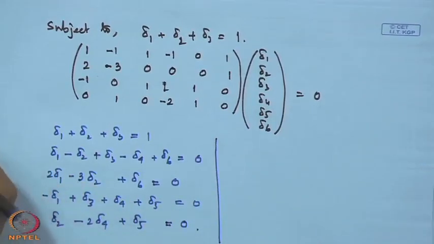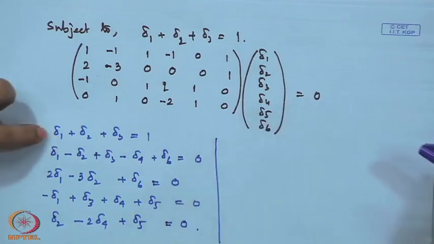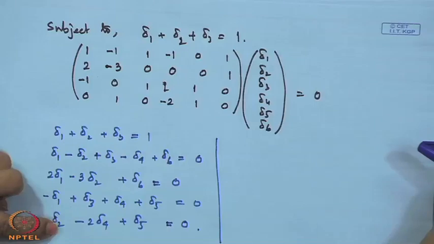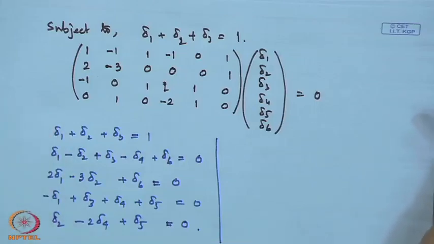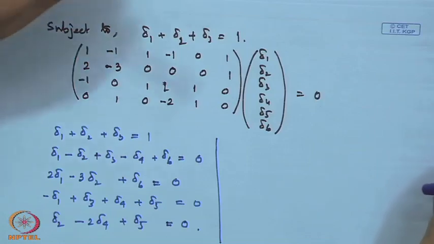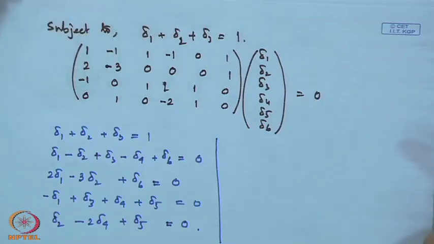Now you see, how many equations are we having? We are having 1, 2, 3, 4, 5 equations and the number of variables is 6, and as we have already calculated the degree of difficulty is 1, that is why we need to pass the value for one variable and we will get the solution for this.